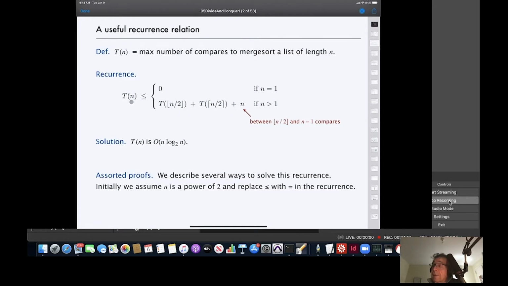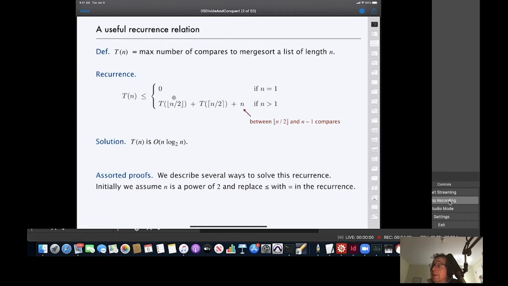So we have, in the case that n is 1, so the input is already sorted, that would be 0. That's the smallest meaningful case, n equal to 1. Then that would require 0 effort to sort because it's already sorted.